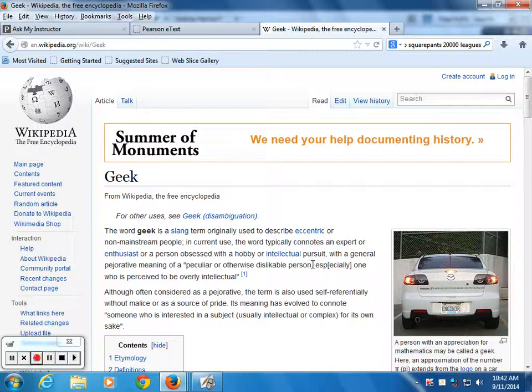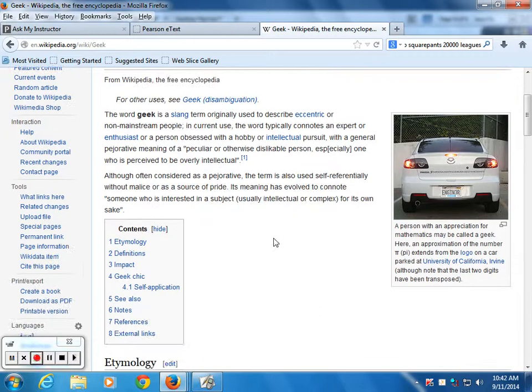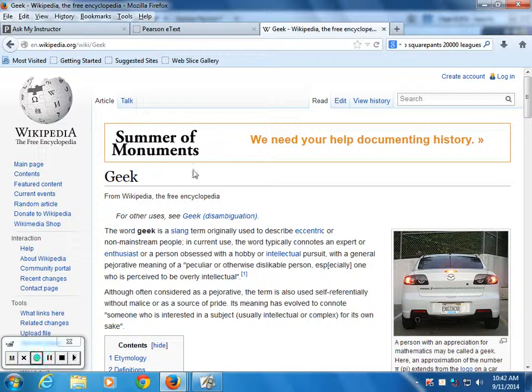They're paper geeks, yeah. No, I'm just kidding. One who is perceived as an intellectual. What website did you look at? That was Wikipedia. I just Googled it.